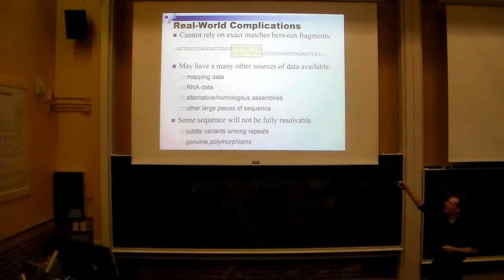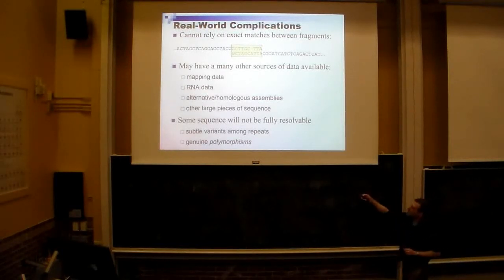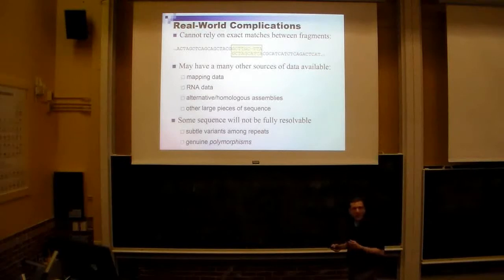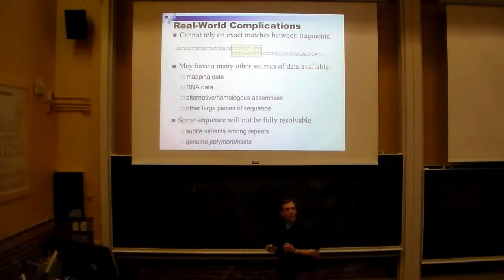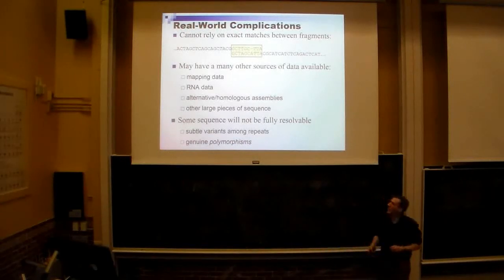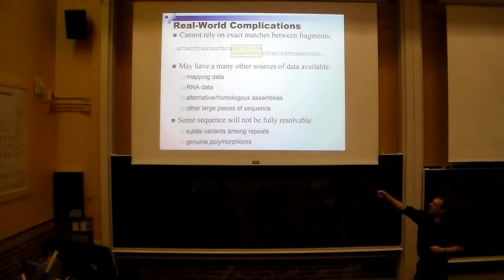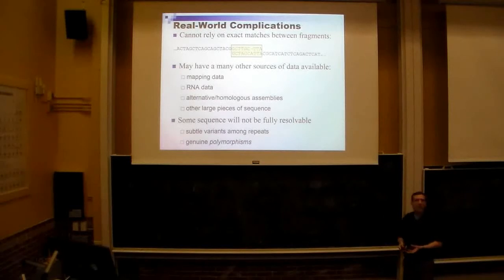You have to do something more like applying a sequence alignment algorithm between ends of your fragments to get these matches. There's also a lot of other data out there, and generally when you're doing a big complicated computation like this, you want to use whatever data you can get your hands on. Every kind of data can help you get a better assembly, but will also make the computation more complicated.